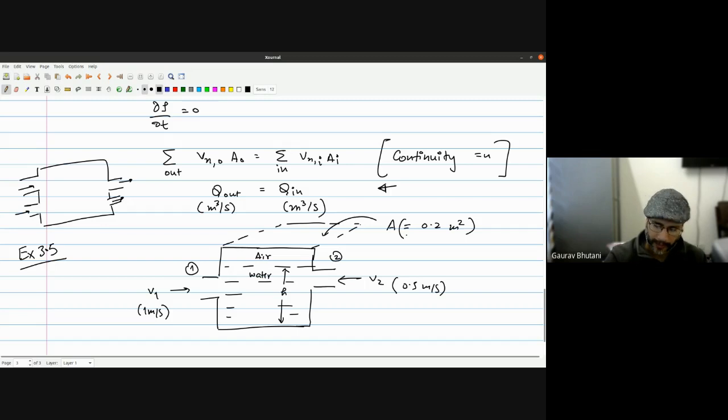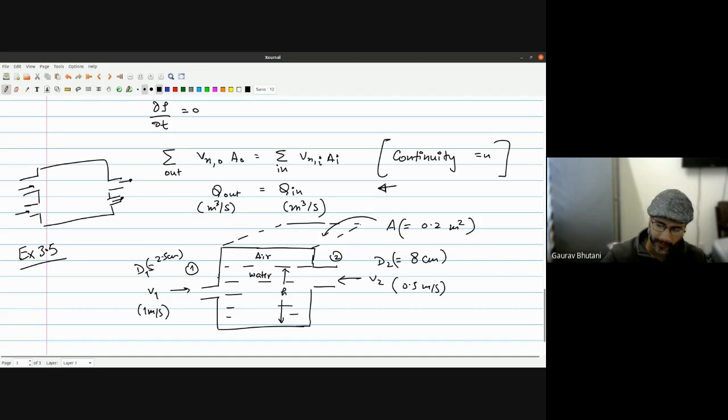The inlet and outlet are both circular in cross section, and the diameters are D1 is 2.5 centimeter and D2 is 8 centimeter. D2 is a much bigger diameter as compared to D1.